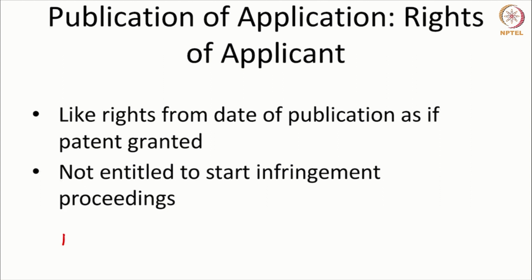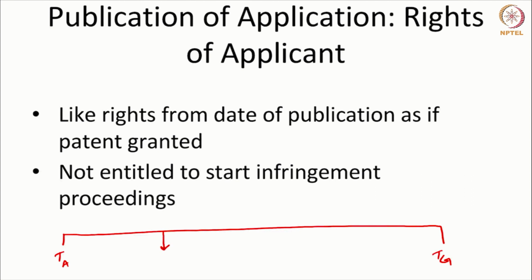Now this is the time of application and you have the time of grant. Now the time for publication happens, let us say, after 18 months. From the date of publication, the applicant can assume that notice about his patent is given to the world at large.